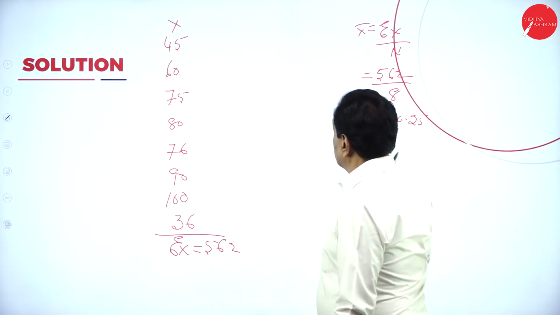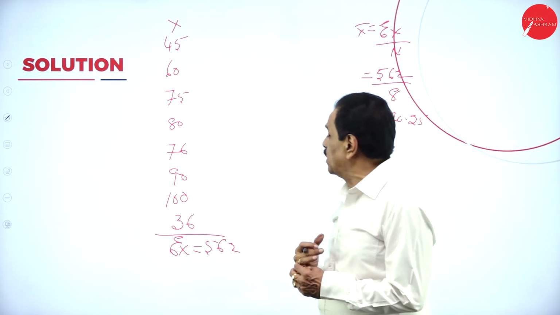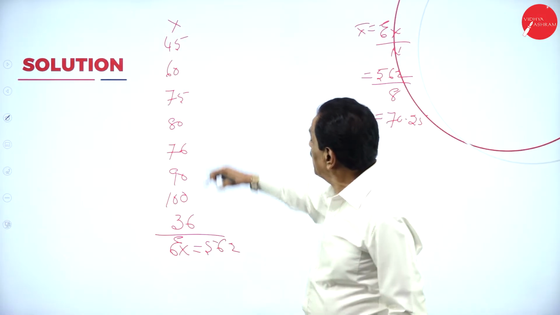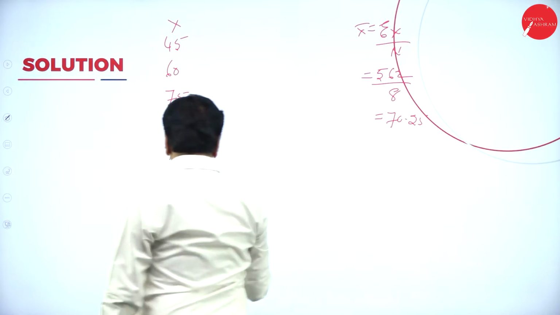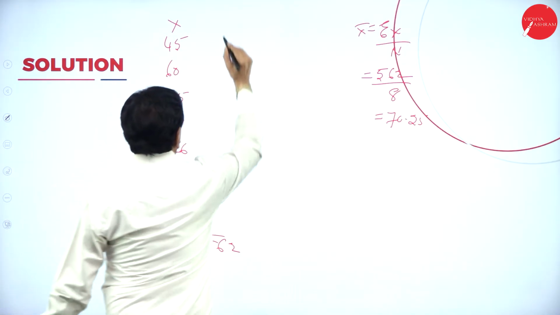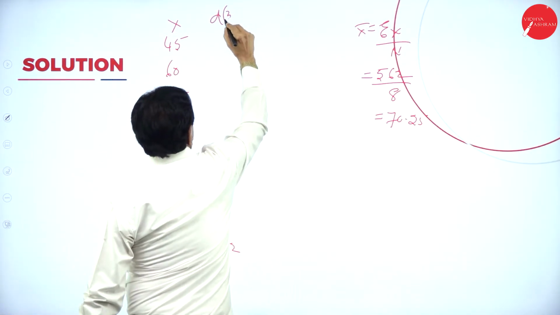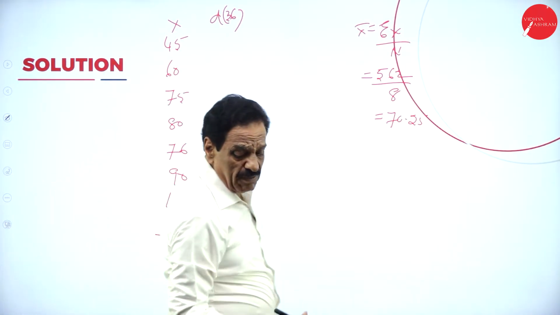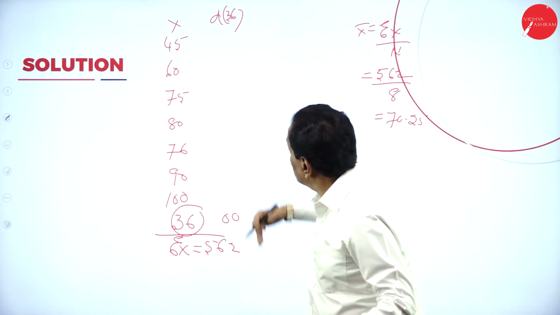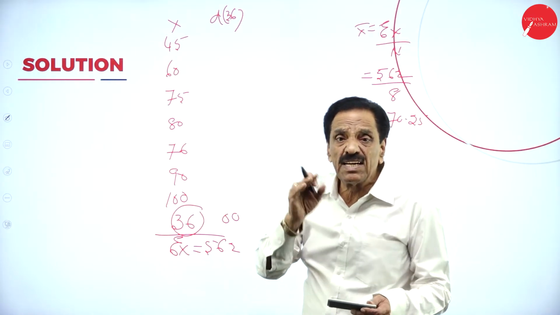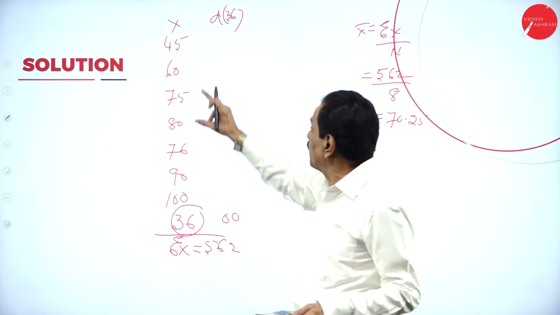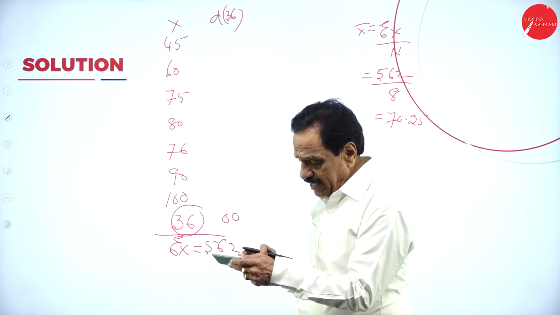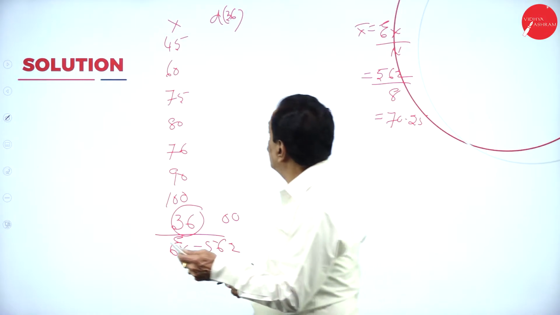So you can take from 70. What's the general assumption? The lowest figure we take as the assumed standard. Here, which is the lowest figure? 36 is the assumption, so d is 0 at 36. You take the deviation from 36: more than 36 is plus, less than 36 is minus. First number 45 minus 36 is equal to 9.